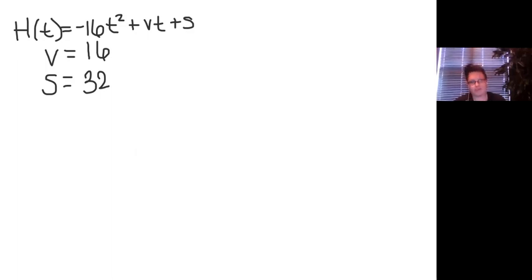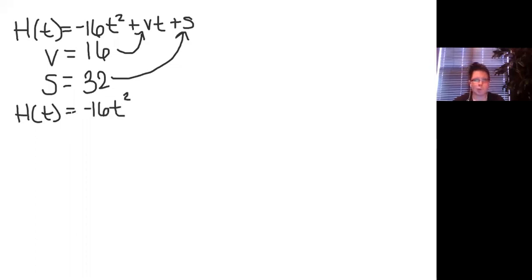All right, so far so good, right? So what you're going to do is plug that in there, plug that in there. And this is going to give you your A, B, and C for your quadratic formula. So I have h of t equals negative 16t squared plus 16t plus 32.